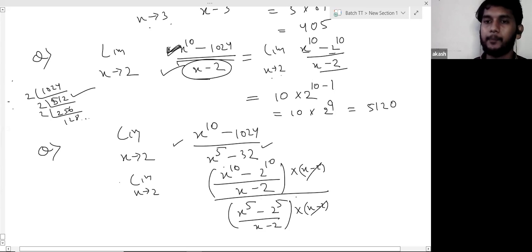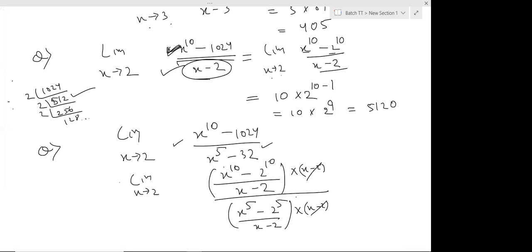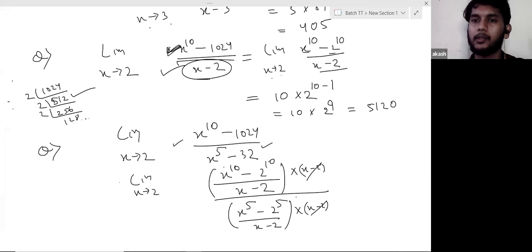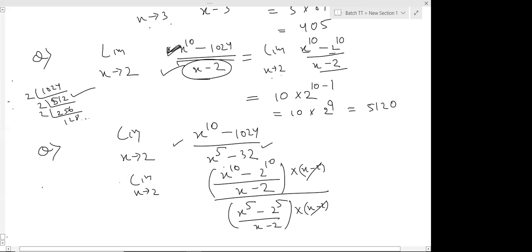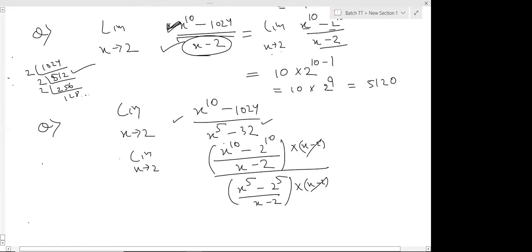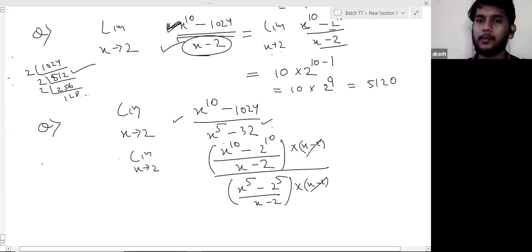Can you explain again? Couldn't we have written x raised to 5 minus 2 raised to 5 or something like that? We converted this to this only, x to the power 5 minus 2 to the power 5.